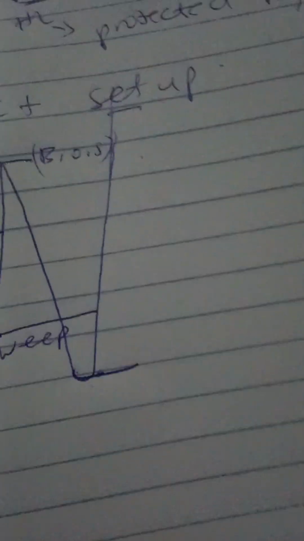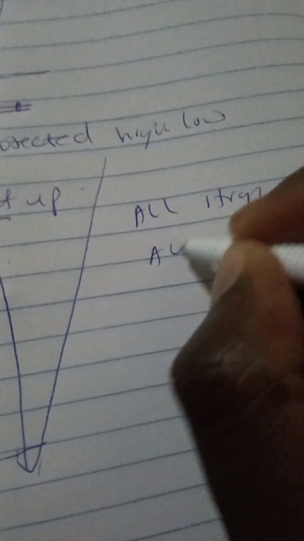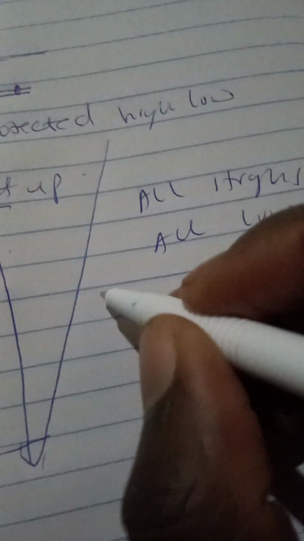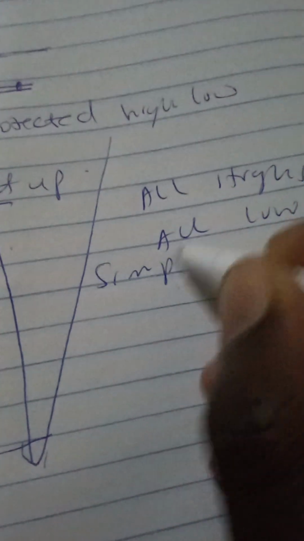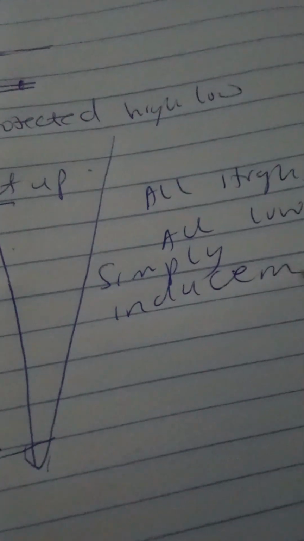So I always expect price to come and take this guy here, and after taking it out we have an expansion. Okay, so remember all highs or all lows are simply called inducement, right?